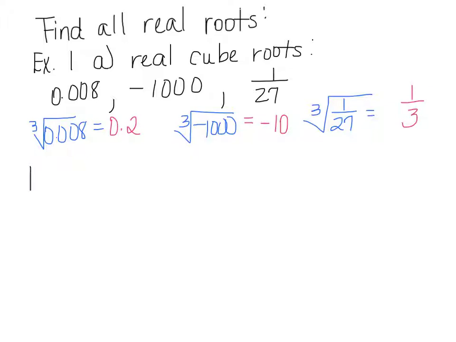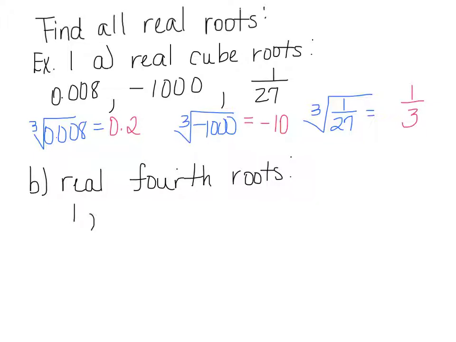Okay, now let's do the real fourth roots. And our numbers are going to be 1, negative 0.0001, 2, 3, 4, and we'll do 16 over 81.